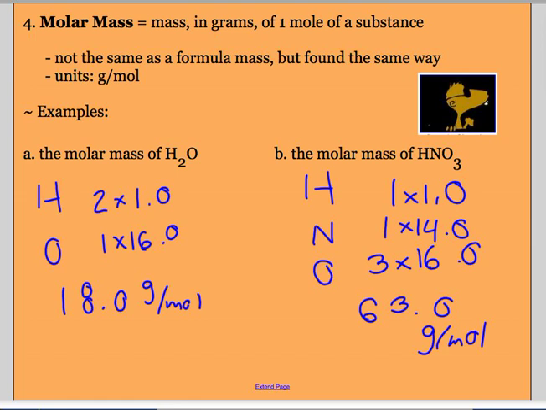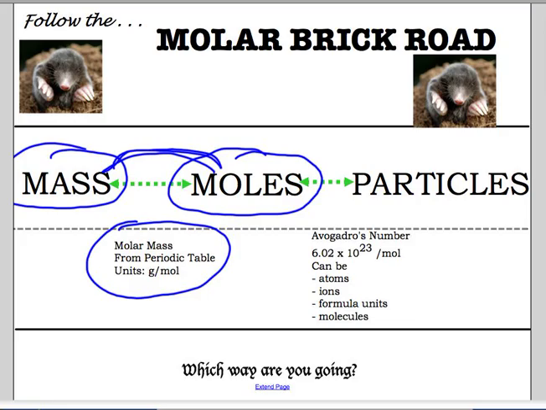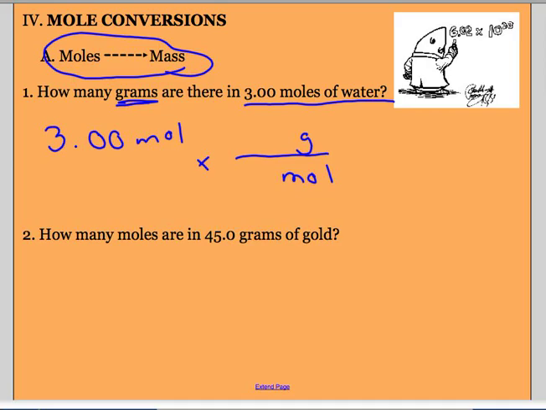So what we're going to use is that we know that there's exactly 18.0 grams in a mole. What that allows us to do is cancel things. So our moles cancel. We're going to get grams, and that's our answer. So we're going to get 54.0 grams of water.